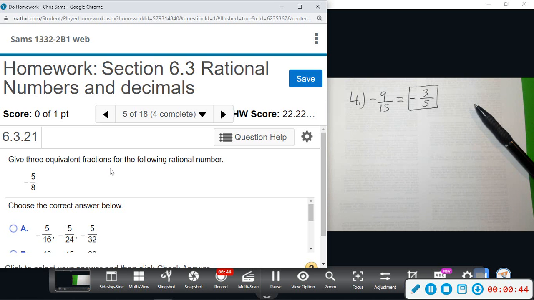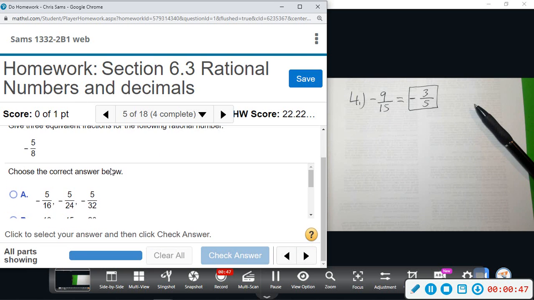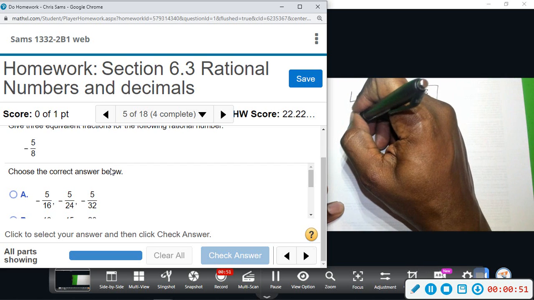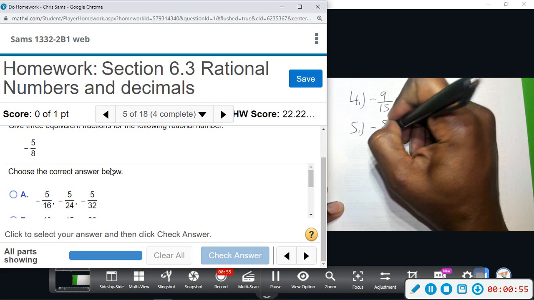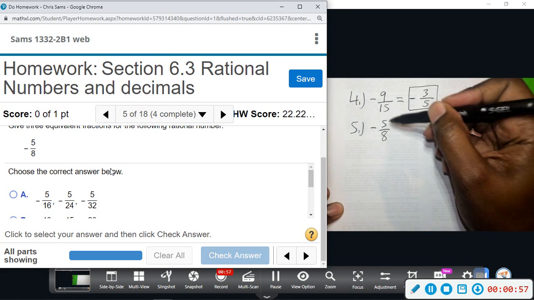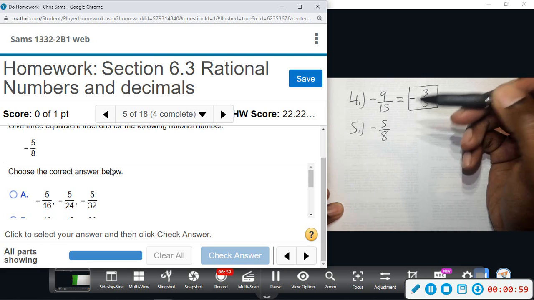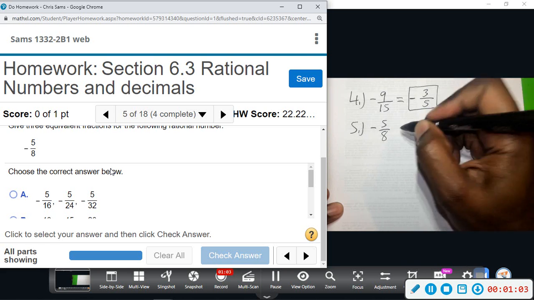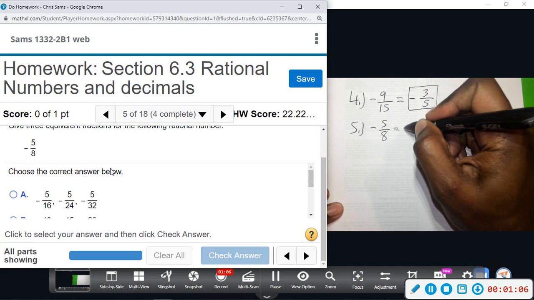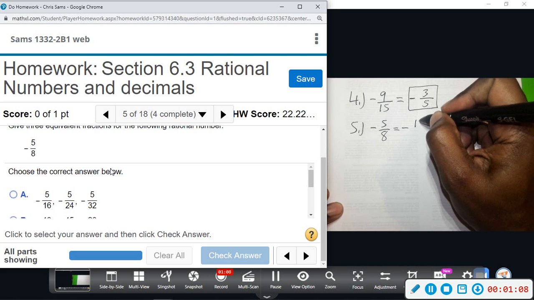Alright, so number 5, we want to give 3 fractions equivalent to the given, which is -5/8. Alright, so this is in lowest terms, so basically we're looking for multiples of 5/8. So if I just multiply it by 2, that would give me 10.